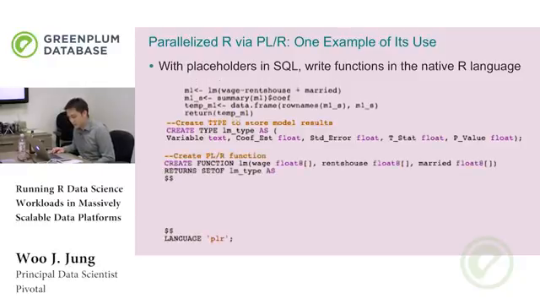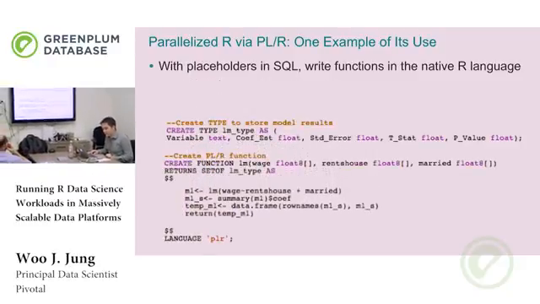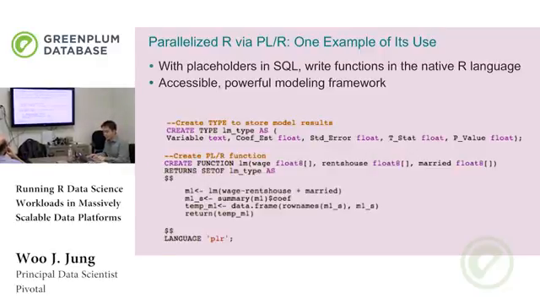Then we pop that line or lines of R code inside our definition for the PLR function, which again has wage, rent, house, and married as the variables that we'll eventually invoke in the R code here. And we're going to return coefficient summary statistics at the end of this function.